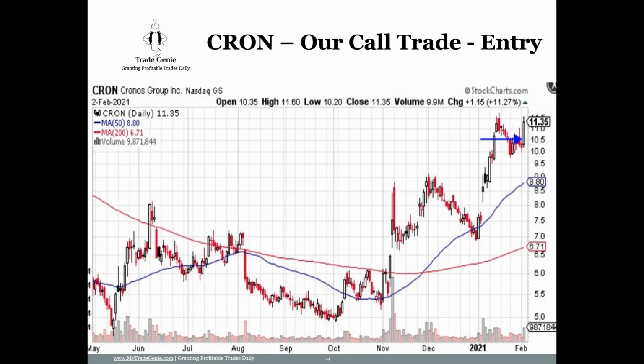Here's another one, Cron. After 3-4 days of pullback, the stock is making a move to the upside. So what are the chances the stock is making a move like this? The volume looks good. Maybe there was option activity, I forgot. So the chances are high that it's going up further rather than going down below 10.